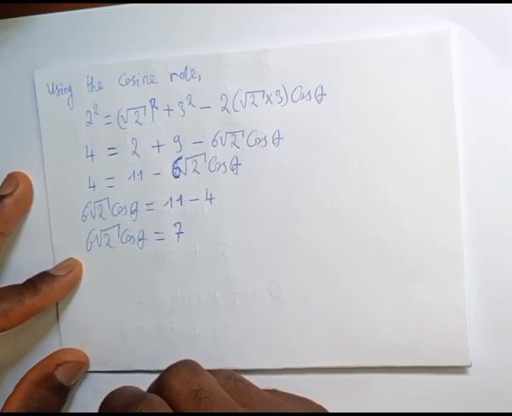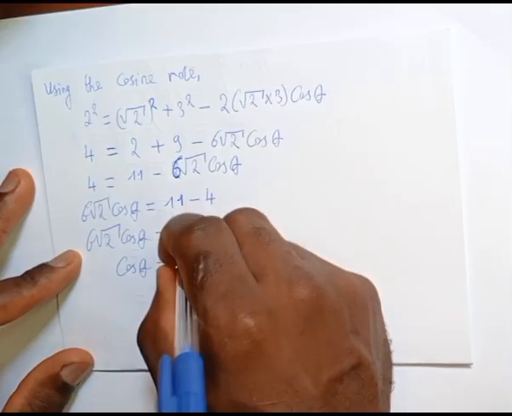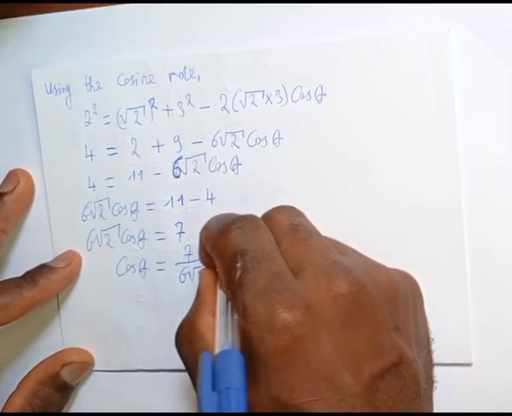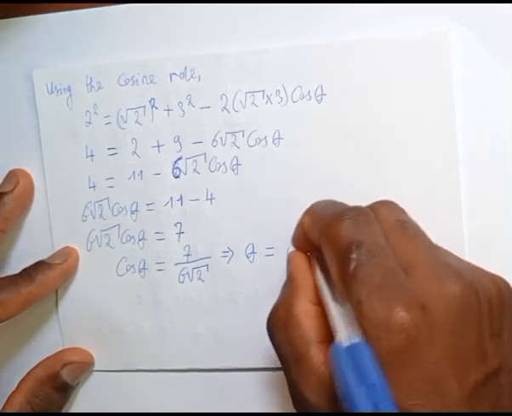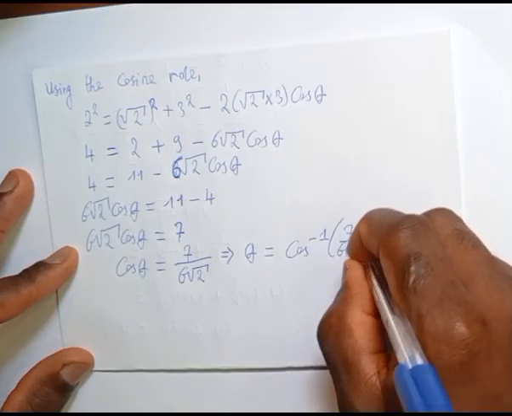Next, we divide all through by 6 root 2. Cos theta will simply be equal to 7 all over 6 root 2. Then the angle theta will simply be the cos inverse of 7 all over 6 root 2.